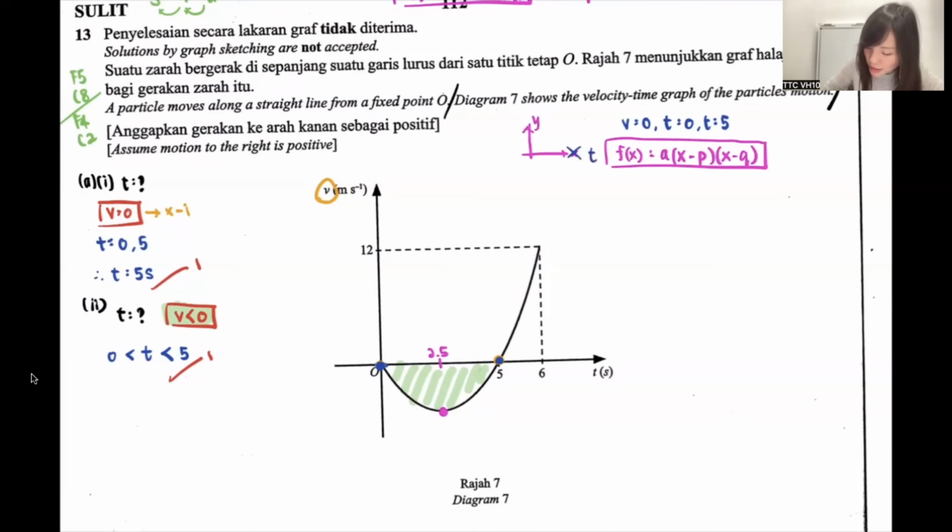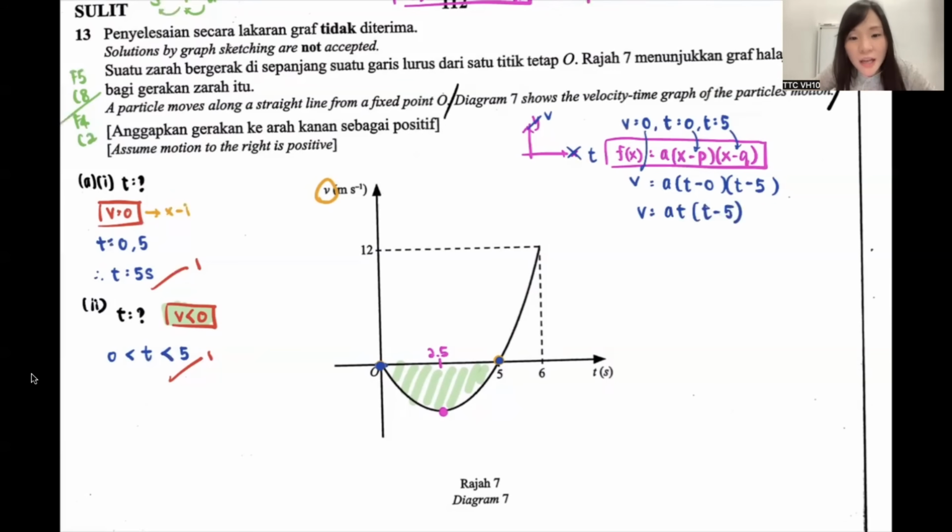Now this is t, so all the x can change to t. The y-axis, you call it v. Now when your v is 0, your t will be 0, so t minus 0. Then when your answer is 5, you write back to the bracket, t minus 5. So v equals a times bracket t minus 5.